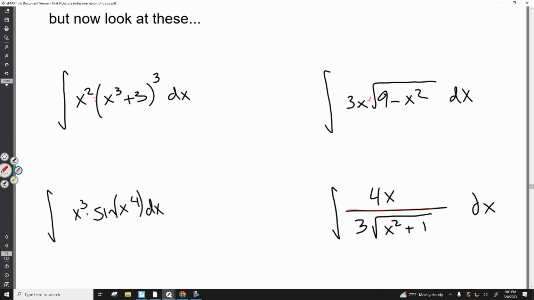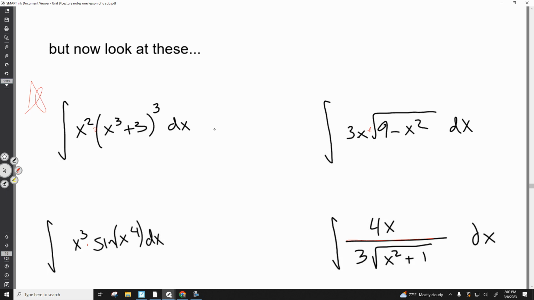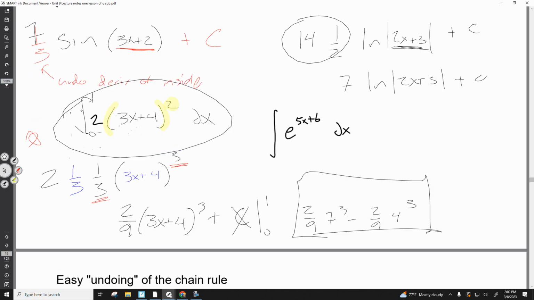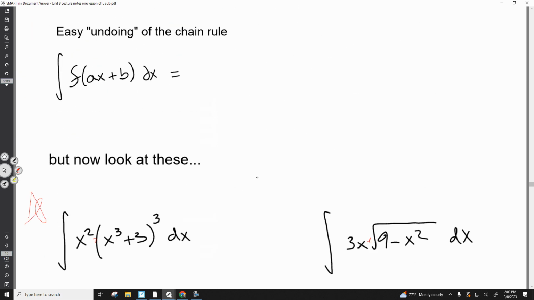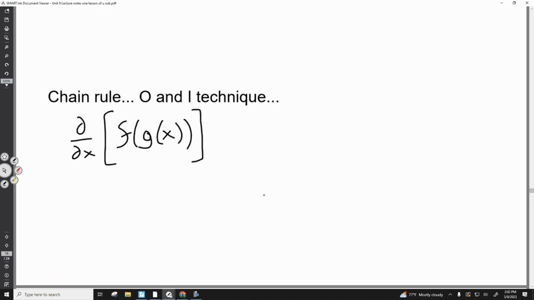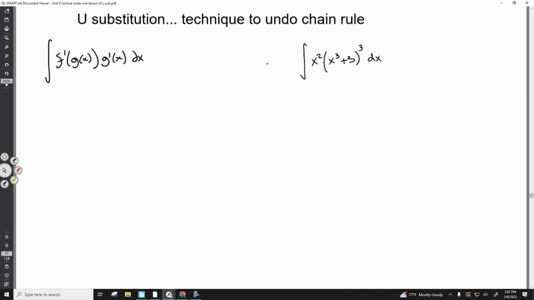And I'm going to tell you, no, there is no product rule. There is no quotient rule for antiderivatives. These are actually the exact same as these. Let me show you. Ready?